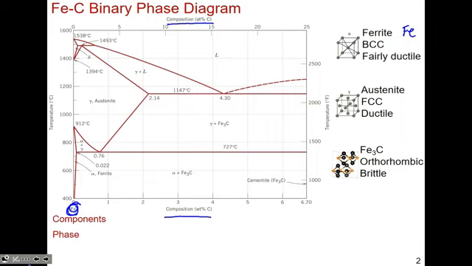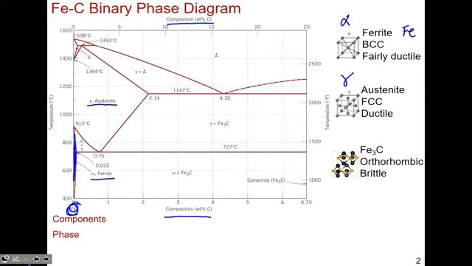It's different from another phase called gamma. So this is alpha, this is gamma. So alpha exists right here in this region that's very tiny, but very important. Okay. So that's alpha or ferrite, crystal structure BCC. Then if you increase the temperature, you get to another phase called gamma or austenite.